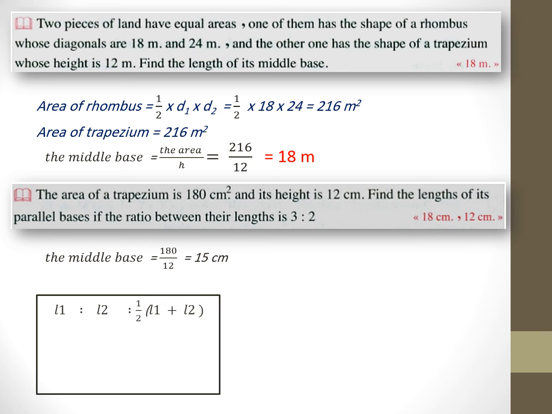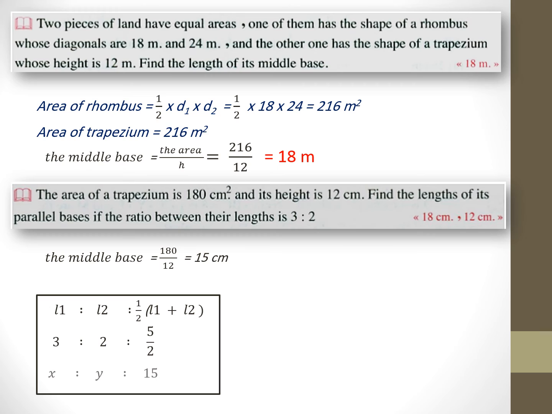Firstly, we will write the ratios between them. 3:2 to the middle base by these givens equals 5/2, half times 3 plus 2 equals 5/2. And in values, x, the small base, is unknown, and the large base is unknown. But the given here is the middle base equals 15.